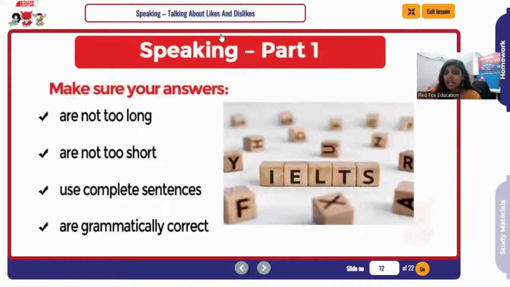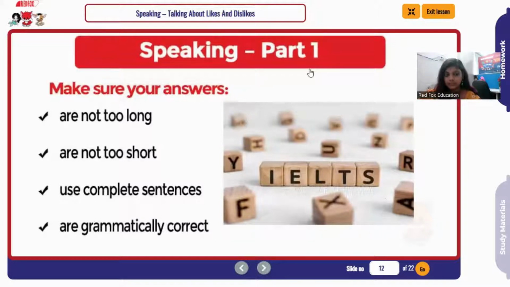Can somebody tell me how much time you actually require to answer a question in Part 1 speaking? It says not too long, not too short. Does anybody know the ideal number of sentences you should use?